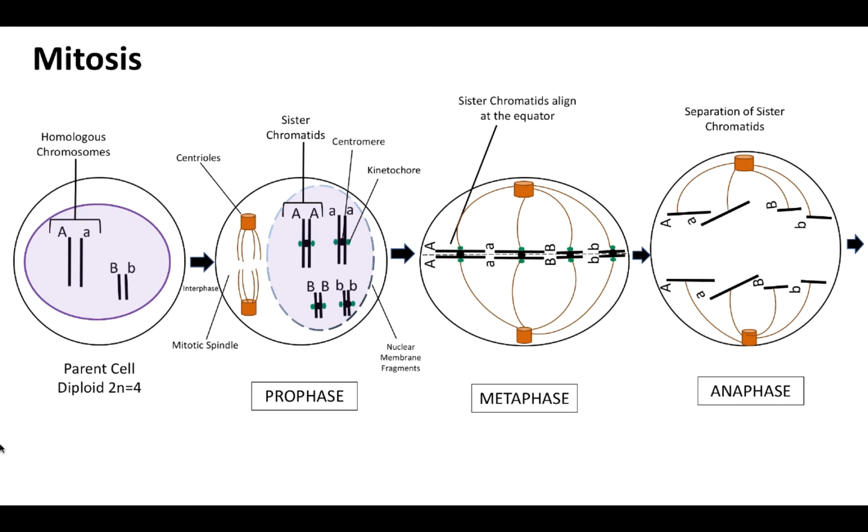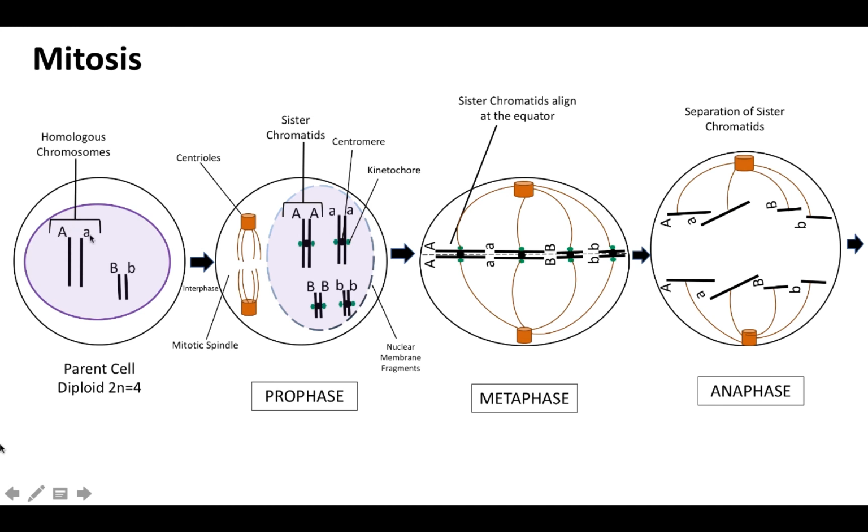Ultimately, if we're talking about human cells, the number count is different, but when we teach, we use the 4 chromosomes. All right, so here we go. What's going on here is I've created 4 chromosomes: 1, 2, 3, 4. These 2 are long and they have the same letter, except one is capital and one is lowercase, capital A, lowercase a.